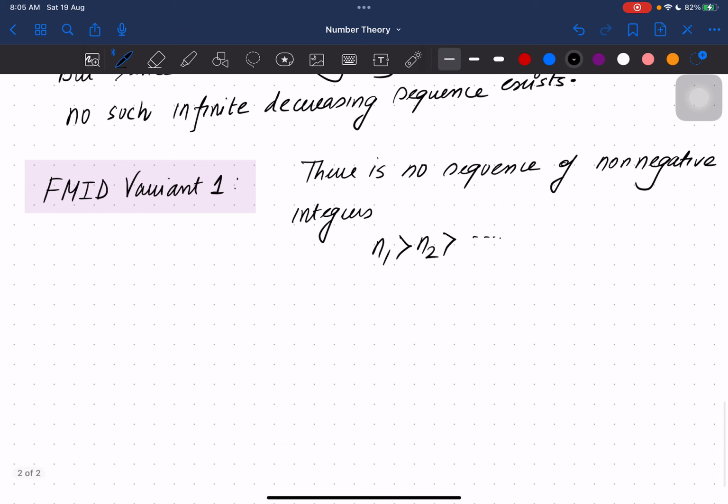So let me write down. There is an equivalent form of this one.